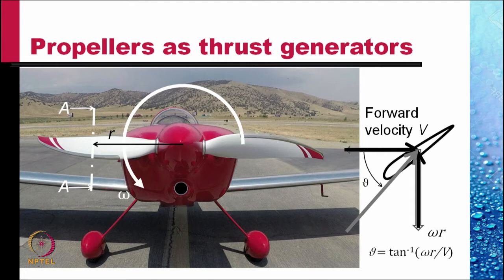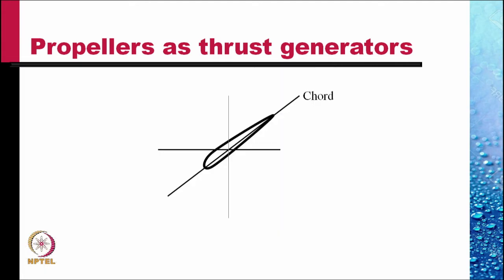This angle phi at which the wind is coming is more than the angle the chord makes with the horizontal direction, and so there is an effective angle of attack. We call the angle that the chord makes with the vertical as the pitch angle.